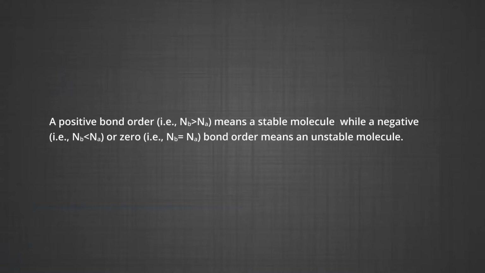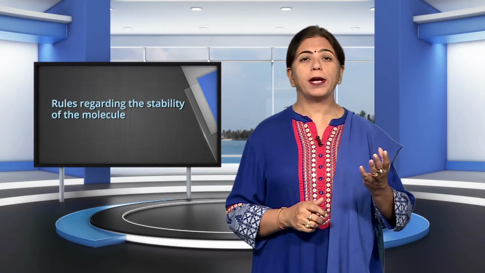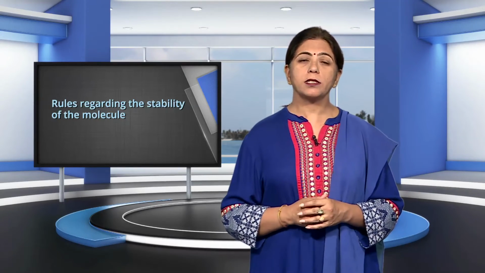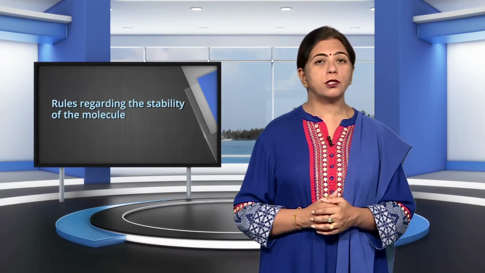A positive bond order, that is, the number of electrons in the bonding orbital is greater than the number of electrons in the antibonding orbital, means a stable molecule. While a negative bond order, that is, Nb less than Na, means an unstable molecule. Or if it is 0, that is, Nb equals Na, the bond order means the molecule does not exist. This is a frequently asked question, why the helium molecule or the neon molecule does not exist. So, you have to answer that the bond order of these noble gases is 0.